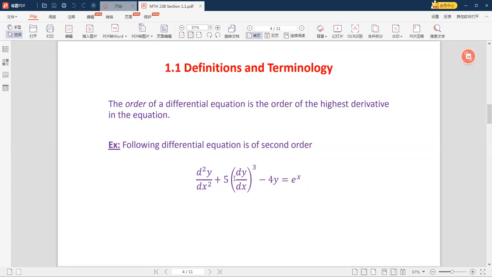It's not 3, okay? Don't be fooled by this power 3 of dy/dx. That's not a derivative, that's just the power. The highest order of derivative is 2. So, good.